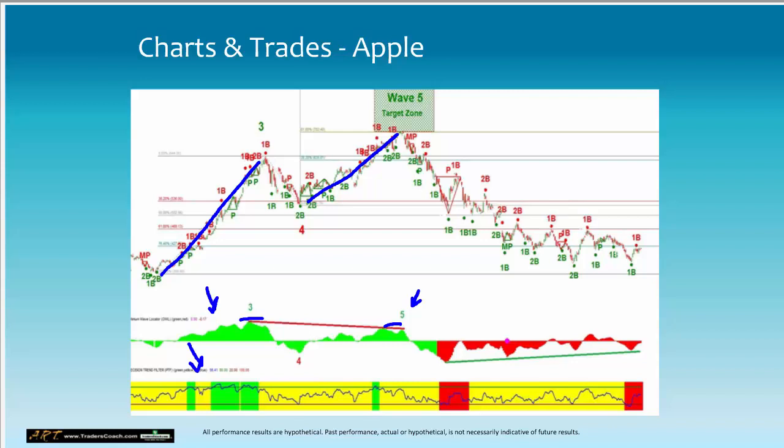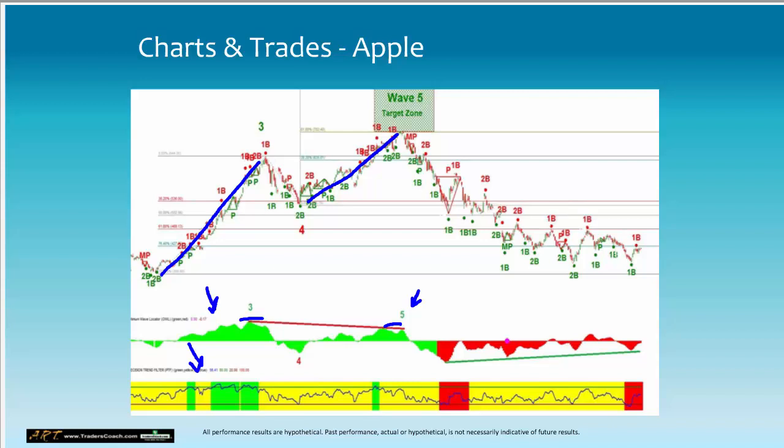So that's a modern approach rule. The momentum histogram, we call it the optimum wave locator, all right? There has to be bearish divergence in a bullish wave 5 top between wave 5 and wave 3. If you don't have that, you don't have a wave 5. So that's one thing you got to keep into account.